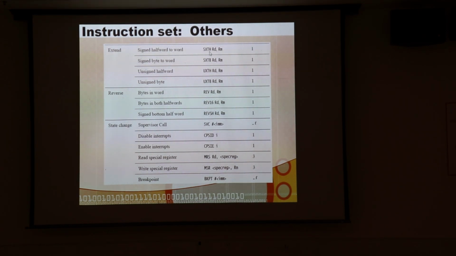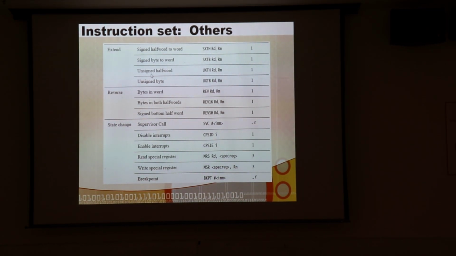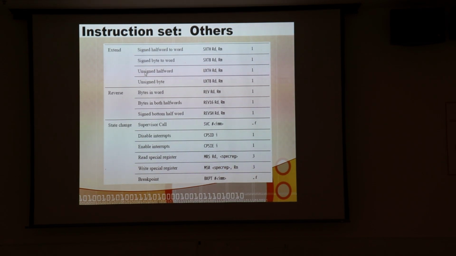So you can take a byte in a register and sign extend it, or a half word and extend that, whether it's a signed half word or signed byte, or unsigned half word or unsigned byte. When you extend these, it fills up the remaining register either with the sign in the case of signed, or with zeros in the case of unsigned.